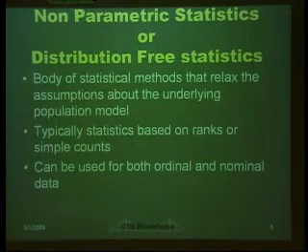They're typically based, instead of on the data, on the ranks. A rank is simply the smallest value is given a rank of 1, the next smallest a rank of 2, and so on. So we usually tend to throw away the actual numbers and just use the positions that we have, the rank of the observation, or they're based on simple counts, as we'll see in the example I'm going to show you in a minute.